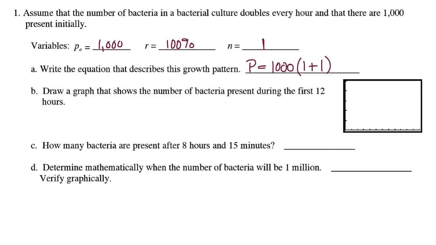And then it's time period, or time divided by the number of time periods needed. So it's really our time divided by 1, which is just our time. And so we could simplify this equation to be 1,000 times 2 raised to our time. So that's going to be our equation we're going to be using to answer the next few questions.